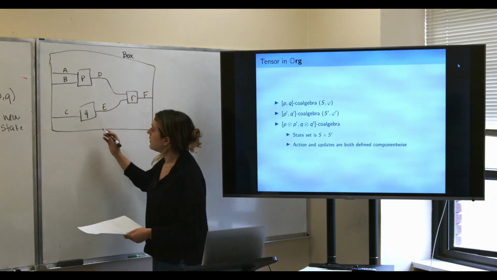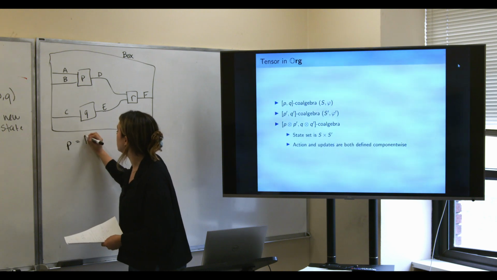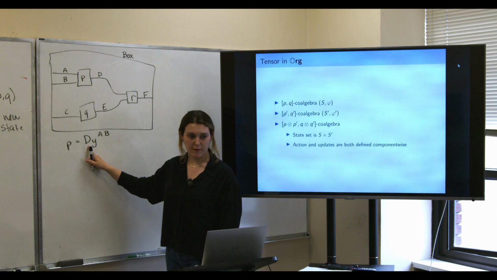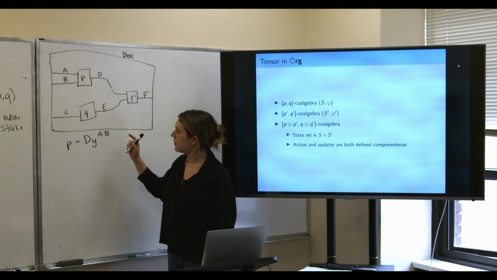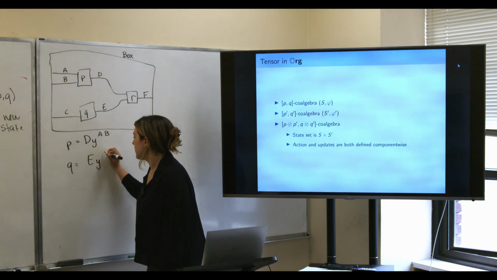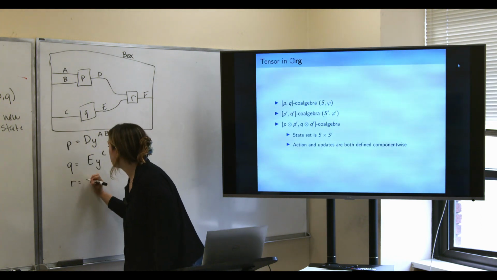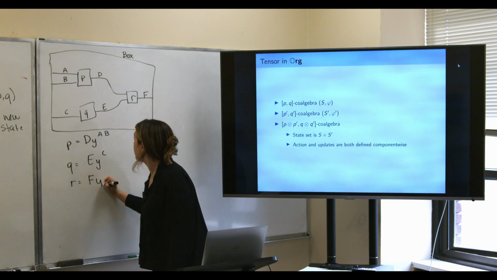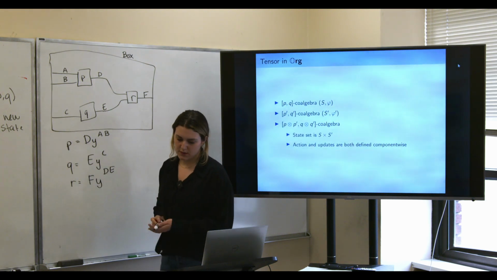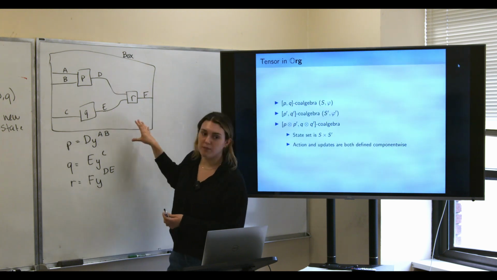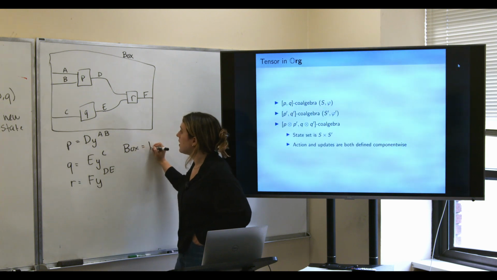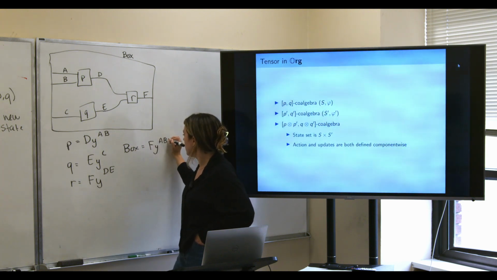So P is a polynomial morphism. P is a polynomial Dy to the AB. D tells you your possible outputs. A and B tell you your possible inputs. Q is a polynomial morphism Ey to the C. And then R is Fy to the DE. So the whole box, the whole wiring diagram, is Fy to the ABC.